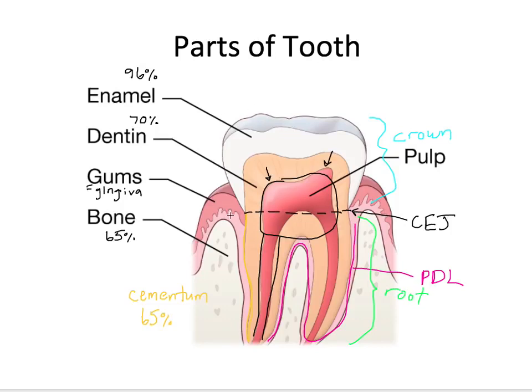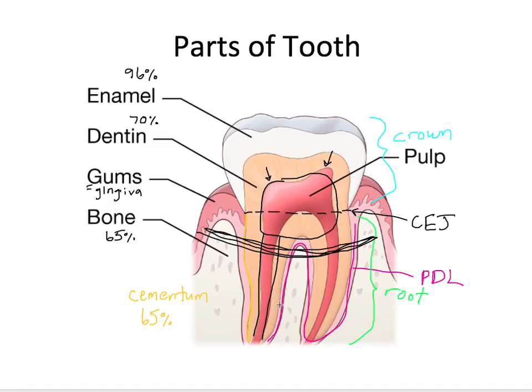So you might be wondering, why am I saying anatomic? Well, in some cases, the gum tissue recedes a lot and will expose more of the tooth above the gums. So if the gums receded to a level like here, we would call everything above that recession line the clinical crown, and anything below that the clinical root.